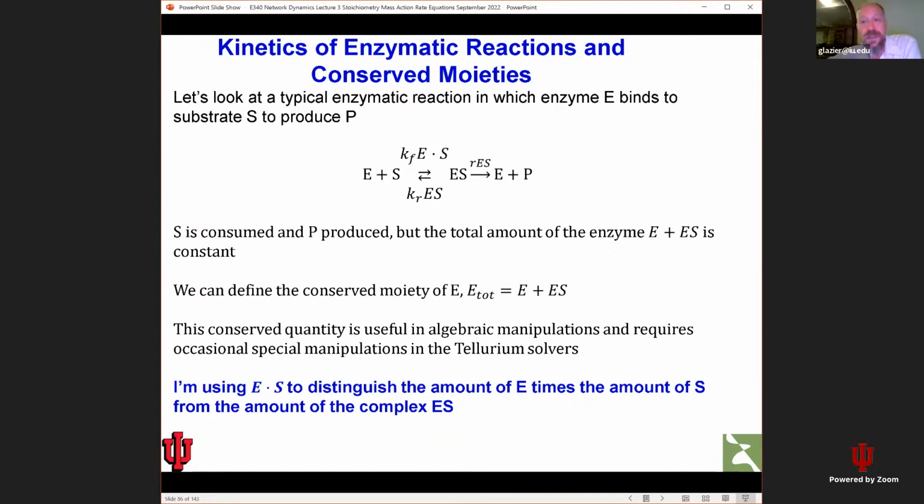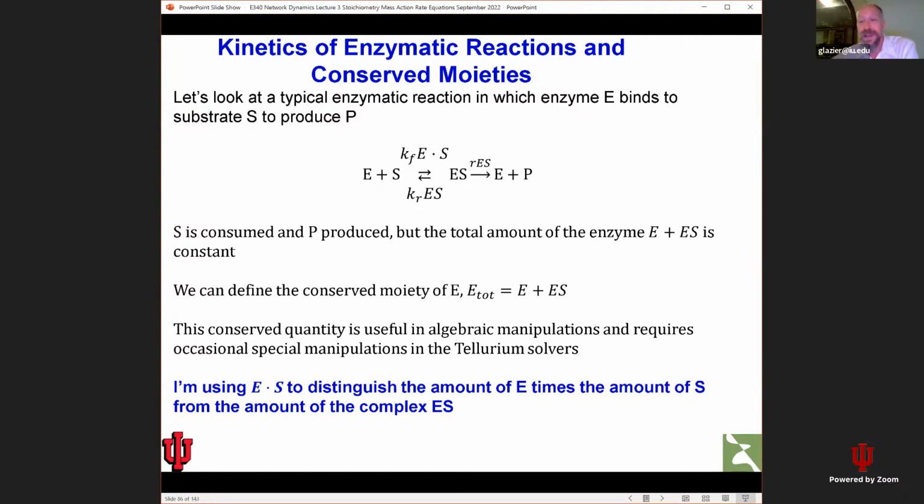So we've done an example of conserved moiety already. Conserved moiety is a fancy term for saying that we have some kind of mass conservation going on. And the reason we have to call it conserved moiety rather than just mass conservation is that in our first case where we had A, and A goes to B and B goes to A, we knew that A plus B was conserved.